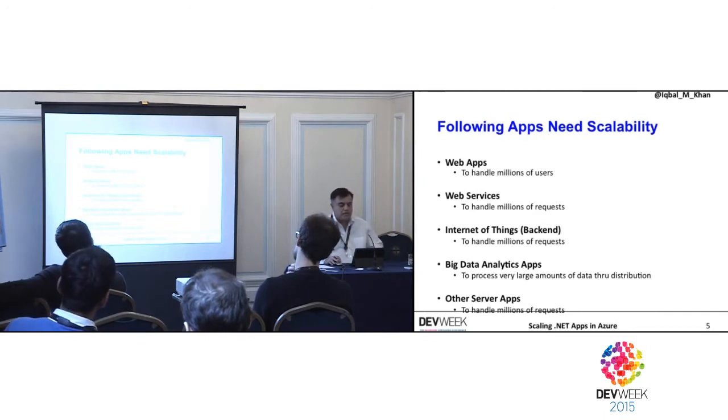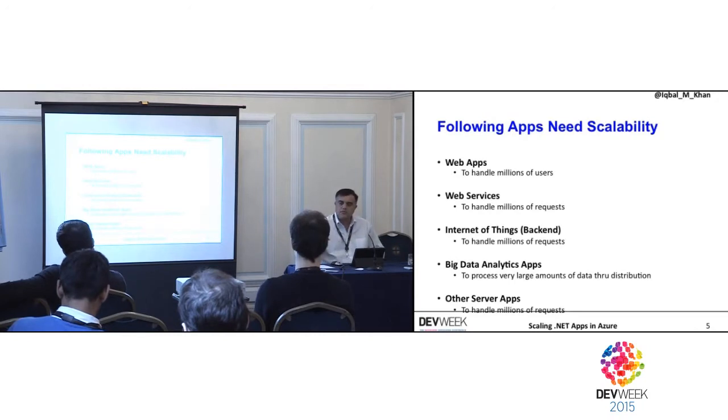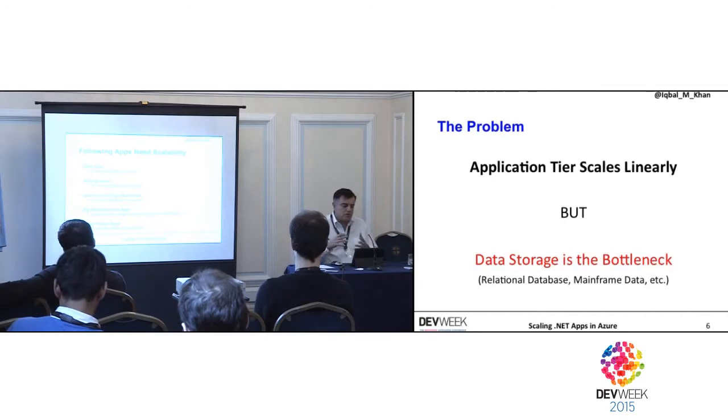So I just want to set that parameter in terms of what are the types of applications that fall into this category. If you're doing a desktop application or a mobile client application, this type of issue does not apply to you because you don't have a lot of users. Even if you do, it's the back end that's going to have problems.